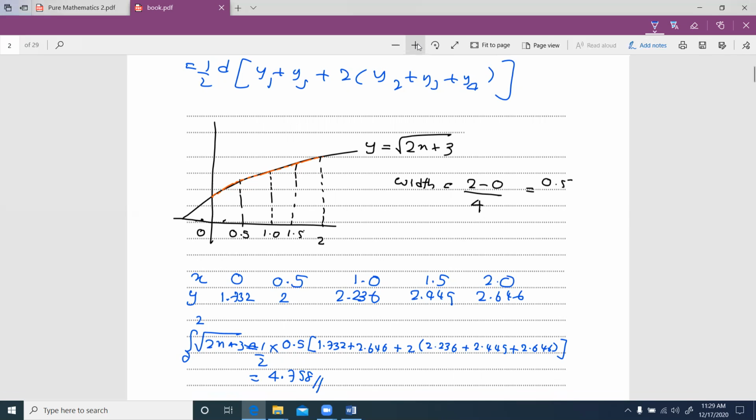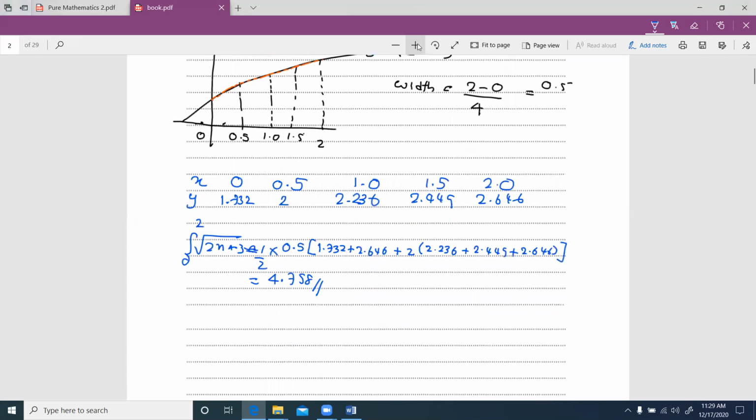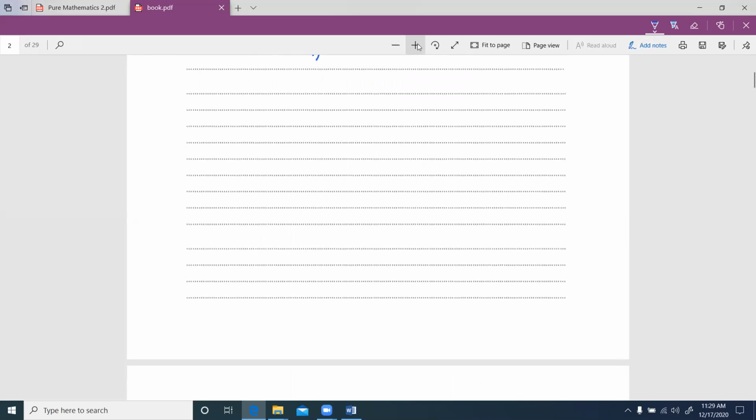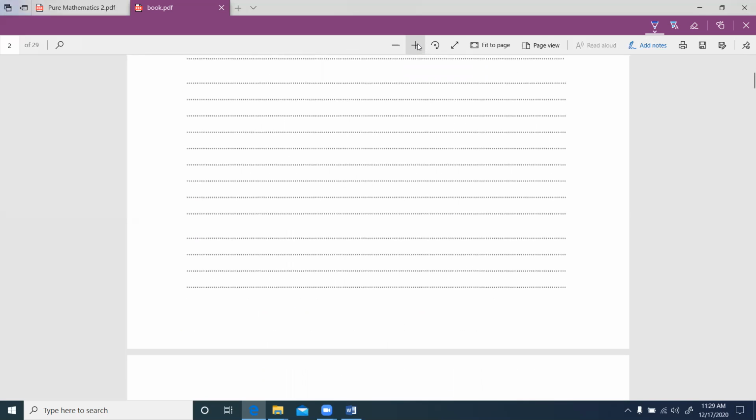Let's try to understand this theory from another question. I'll take another example.